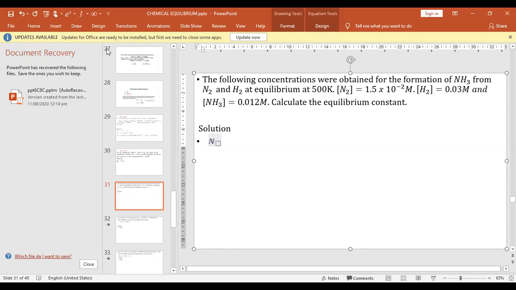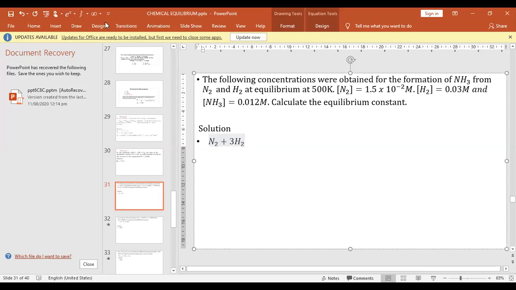N2, N subscript 2, plus 3 moles of H2, hydrogen gas.